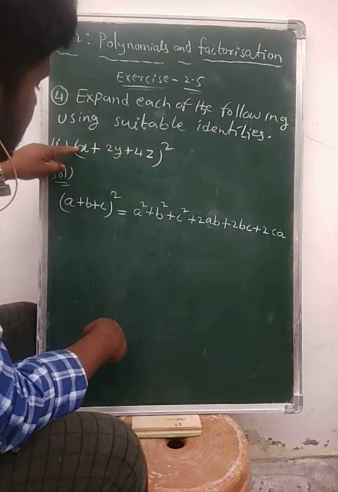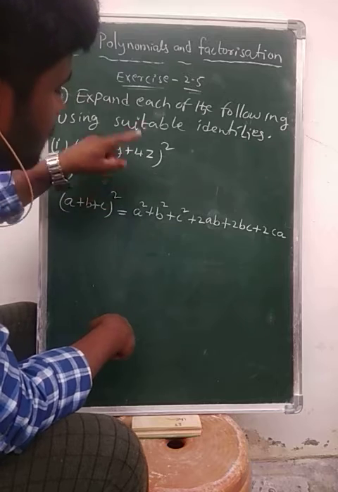Okay na? So this is the useful formula. Here a means that is x, b means that is 2y, c means that is 4z.